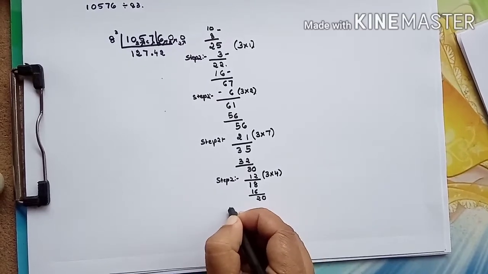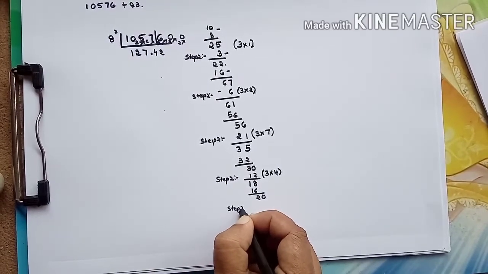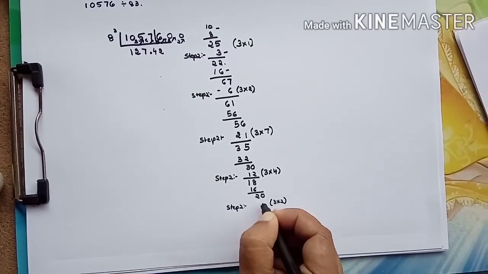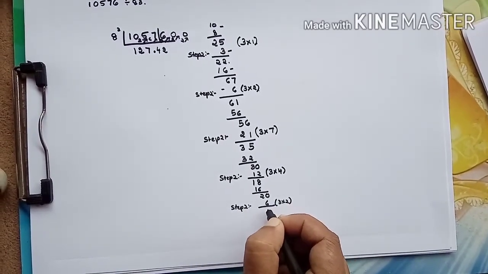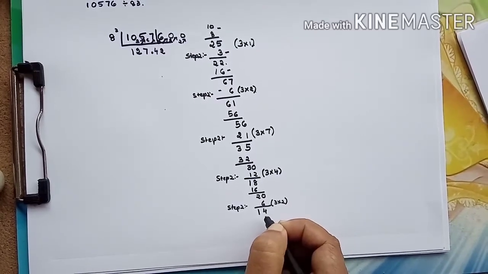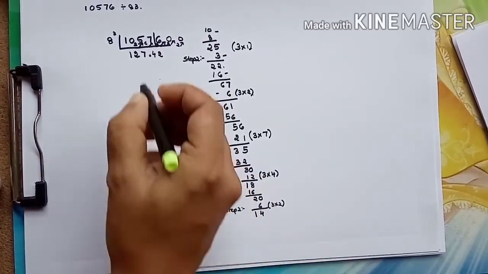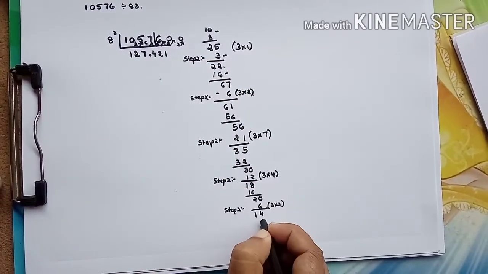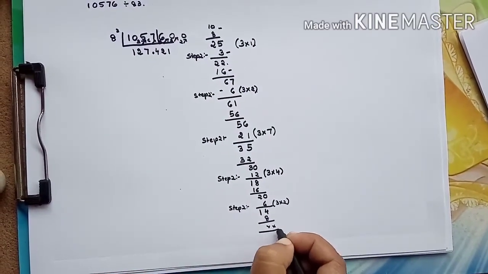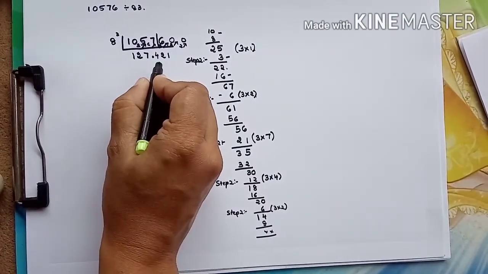Now step 2 is 3 into 2, correct? That is 6. So 14 you get. 8 1s are 8. Remainder you get something, so I am not doing the next.